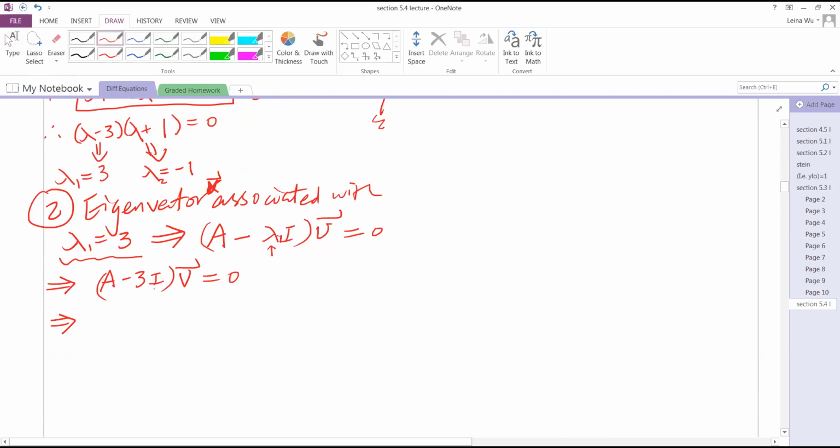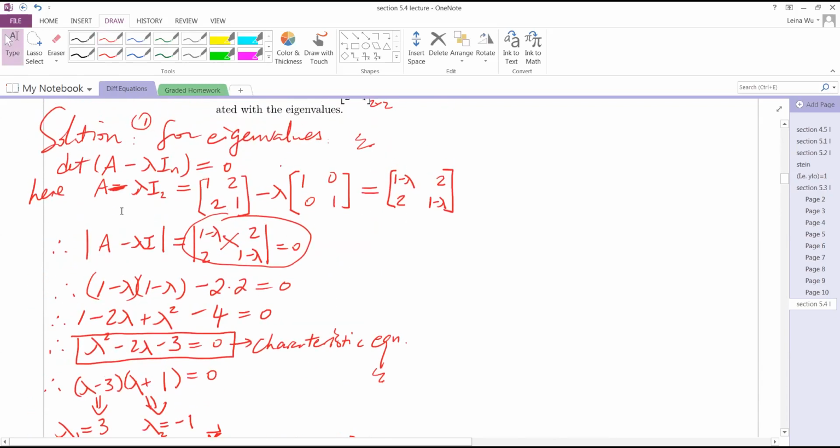The left-hand side is a matrix times vector v equals 0 vector. This matrix would be A minus 3I, matrix A subtract 3 times identity.